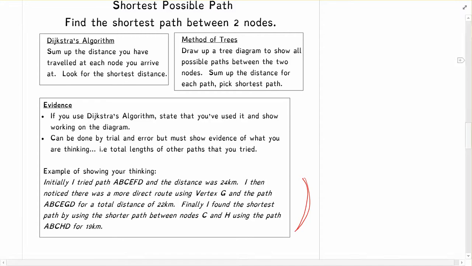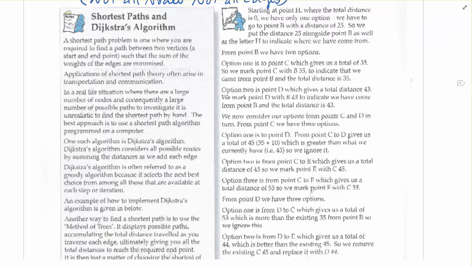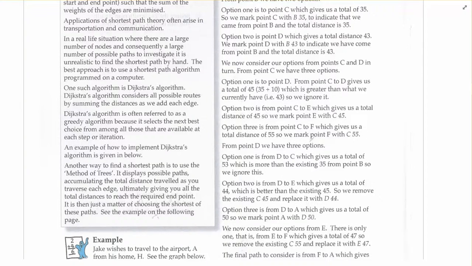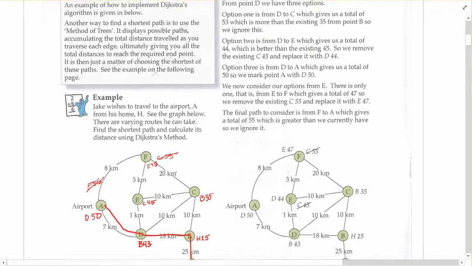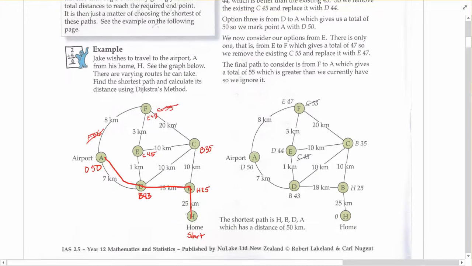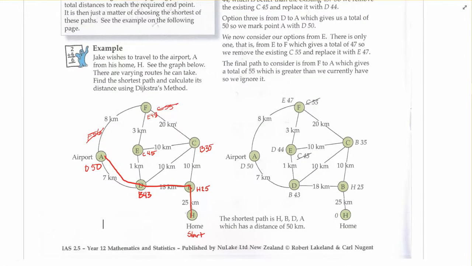You don't necessarily have to do that in your workbook as you learn to use the method, but what you want to try to communicate, maybe one way to think about it, is just anything that you're thinking as you go through this diagram, try to put into words. So first I tried going from H to B at 25. The next thing I checked out was from B to D, that was 43, and from B to C, that was 35, so I thought maybe C was better, but it looks like you have to go further in the end. So kind of just putting your thought process down the whole way through.